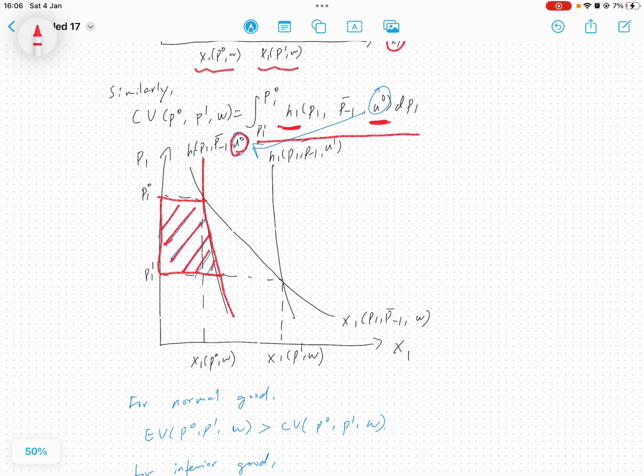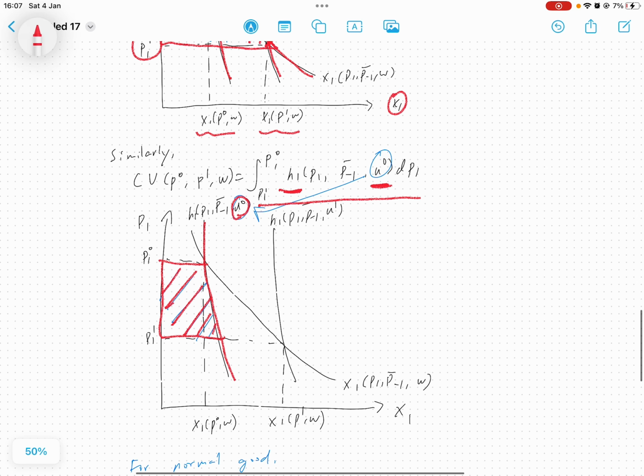As we can see, this integral representation is also very useful for us to further understand the intuition of the CV and EV, right?